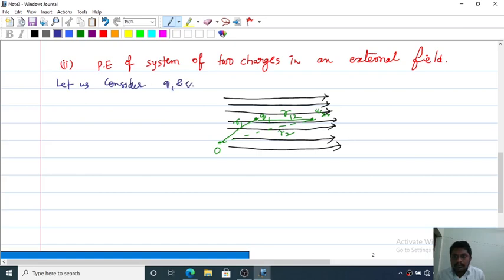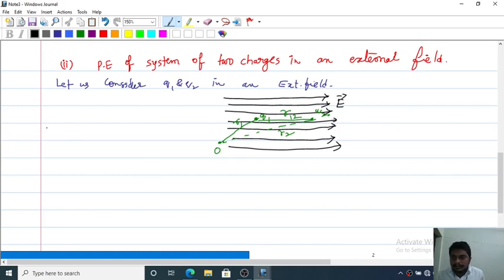What is our aim? Our aim is to find the potential energy of a system of two charges in an external field. E bar is the external electric field.